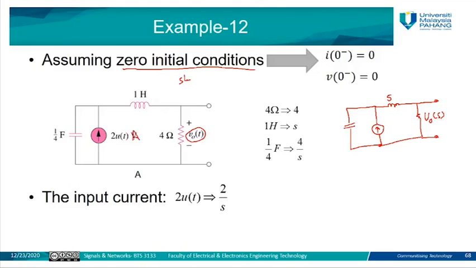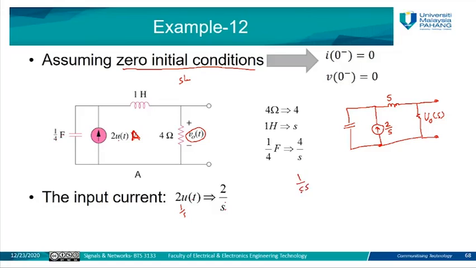So the value of 2u(t), when you convert it from the time domain to the frequency domain, will give you 2 over S. This is from the table that you have, because we have a step function. For the step function, the Laplace transform gives you 1 over S, times 2, so it becomes 2 over S. And the 1 over 4 farad will be converted according to the formula 1 over CS.